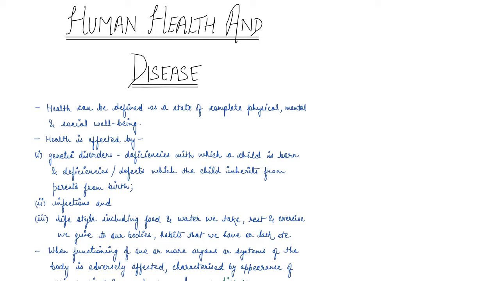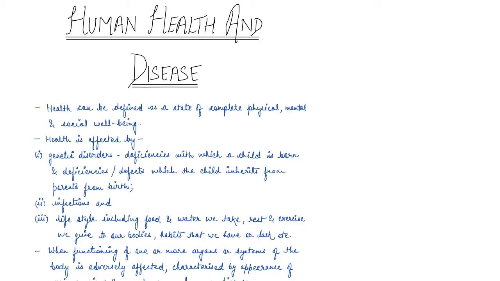Now, these factors can be any physical disease or even a mental illness, right? So health can be affected by genetic disorders, wherein you have different types of disorders which are related to our genes, where we have different types of defects which are inherited from parents to the kids, right?